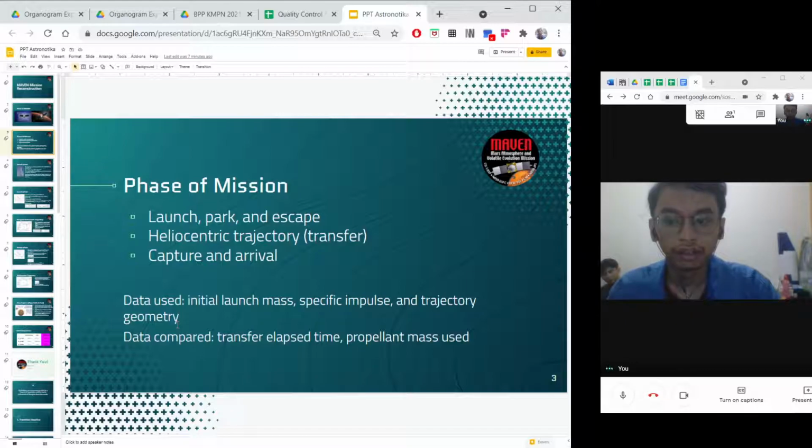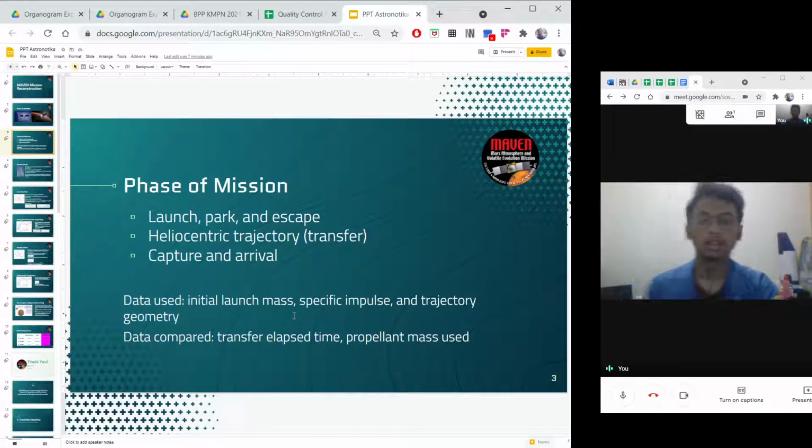The data used for this analysis is the mass of the rocket and the spacecraft in the launching, the specific impulse of the propulsion system, and the trajectory geometry designed according to the data. The purpose of this reconstruction is to compare the elapsed time on the transfer phase and also the propellant mass used for the mission.